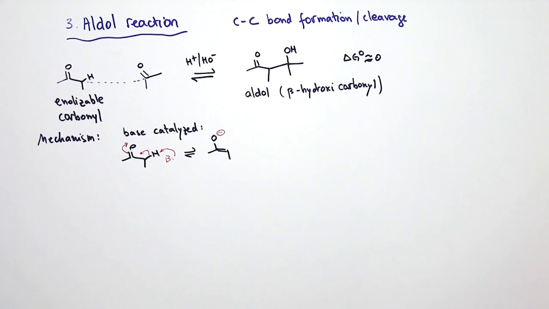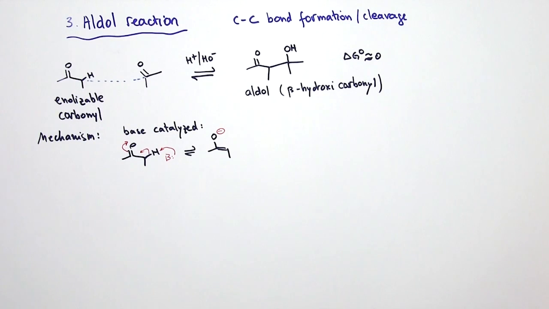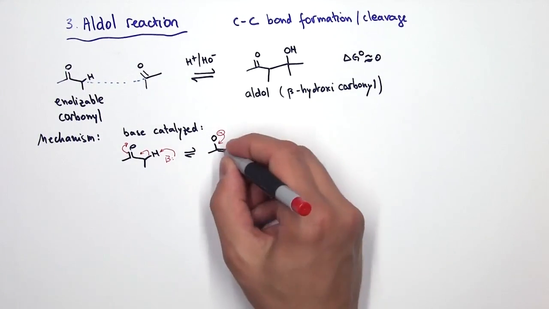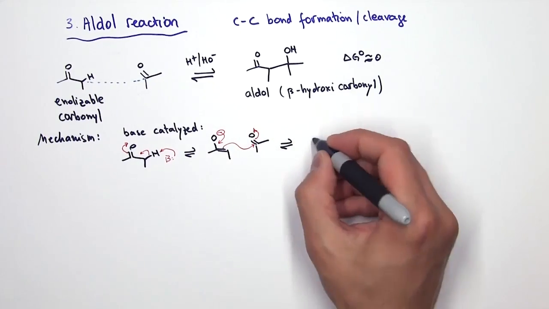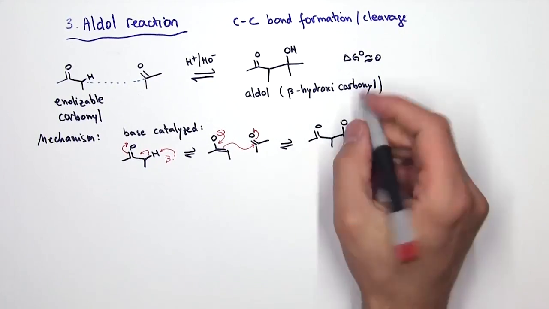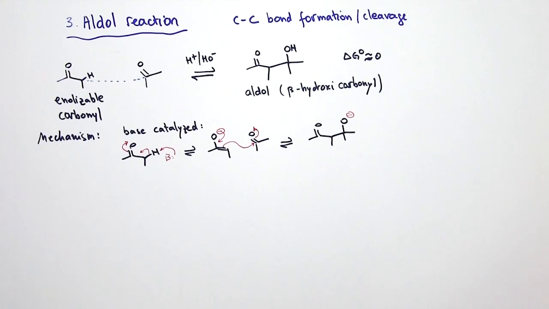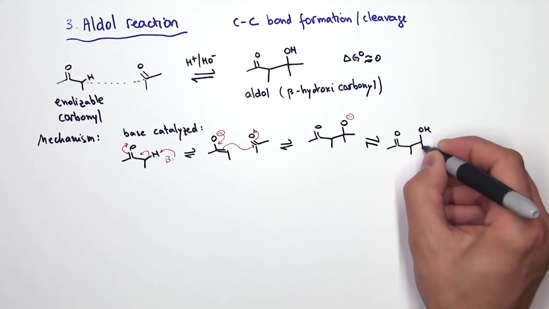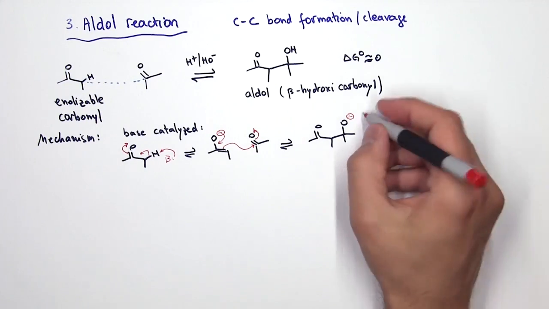As we discussed previously, the enolate is a good nucleophile and can react via nucleophilic addition with the other carbonyl, and one proton transfer generates the aldol product.